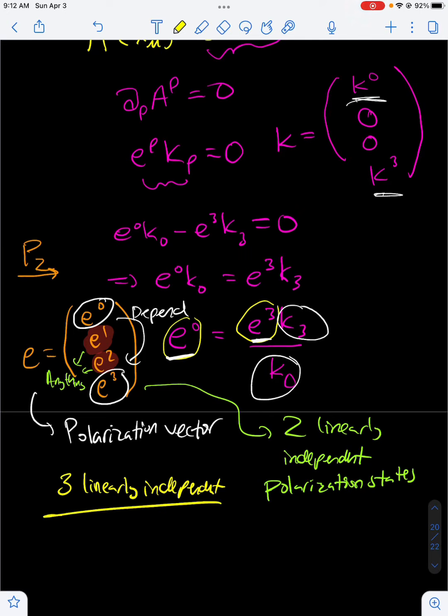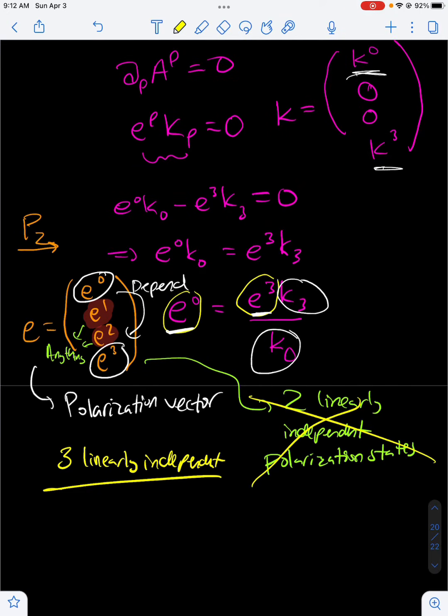The reason they say it's 3 instead of 2 is that you could, in principle, consider E1, E2, and E3 to be linearly independent. You can just say, oh, E1 can be whatever, E2 can be whatever, and E3 can be whatever.